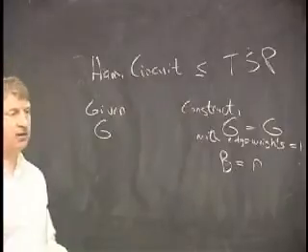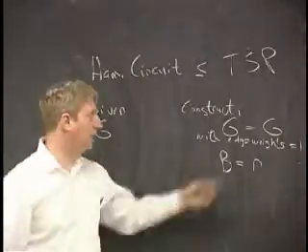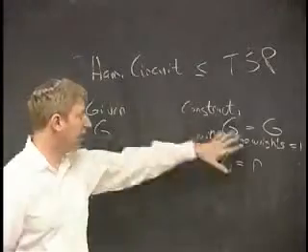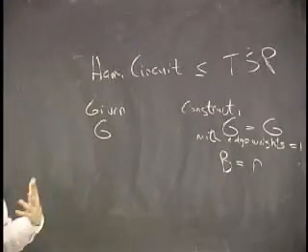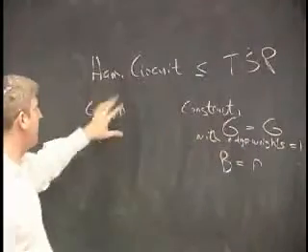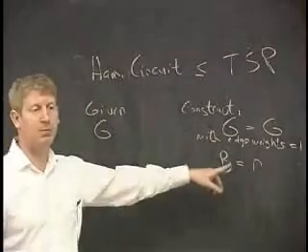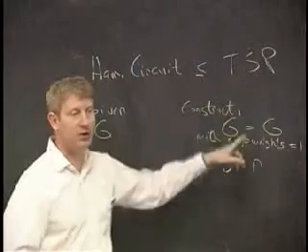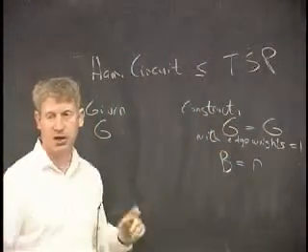Can you do it of n or less? Well, you'll never be able to do it in less than n, but you can do it in n by going through every node exactly once. If you can solve this, you've solved this. They're the same problem. This is a general version of this problem. This is a restricted version of this problem. The reduction is nothing more than specifying the details of the general version that make this the special case.